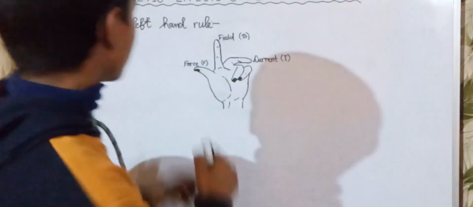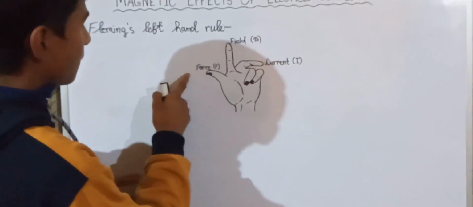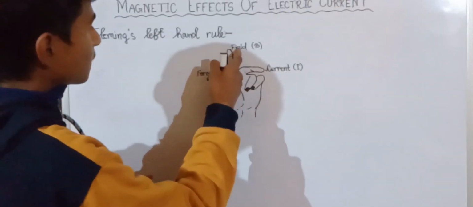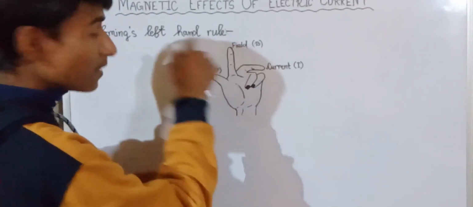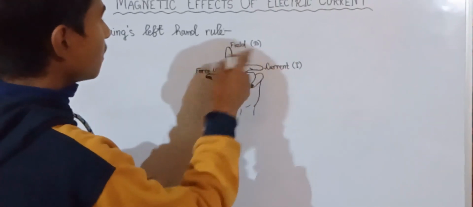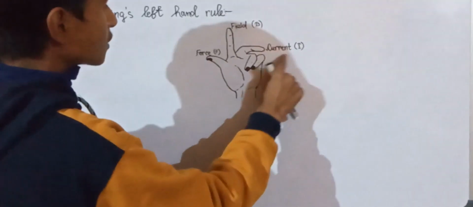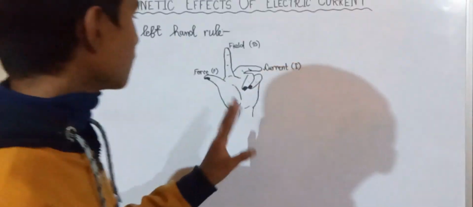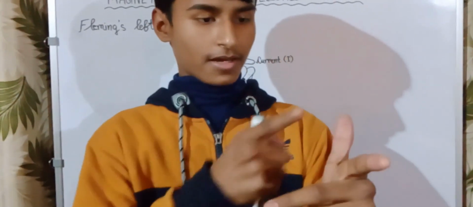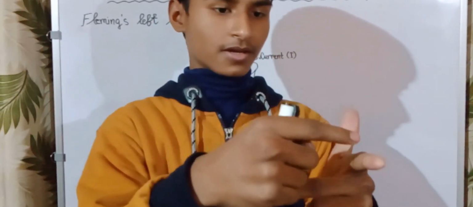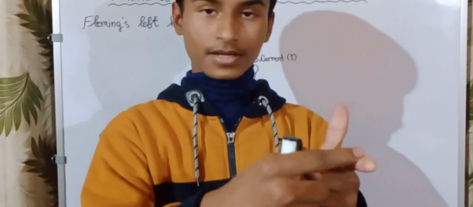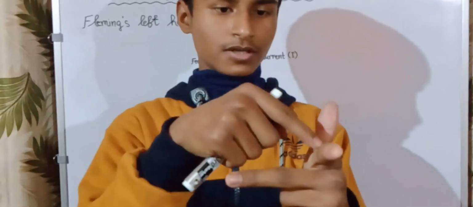Here the thumb finger represents the direction of force. This finger represents the direction of magnetic field, or B, and the middle finger denotes the direction of current, that is I. Now, by using this rule, if we know the direction of the current and the direction of the magnetic field, then we can find the direction of the force.